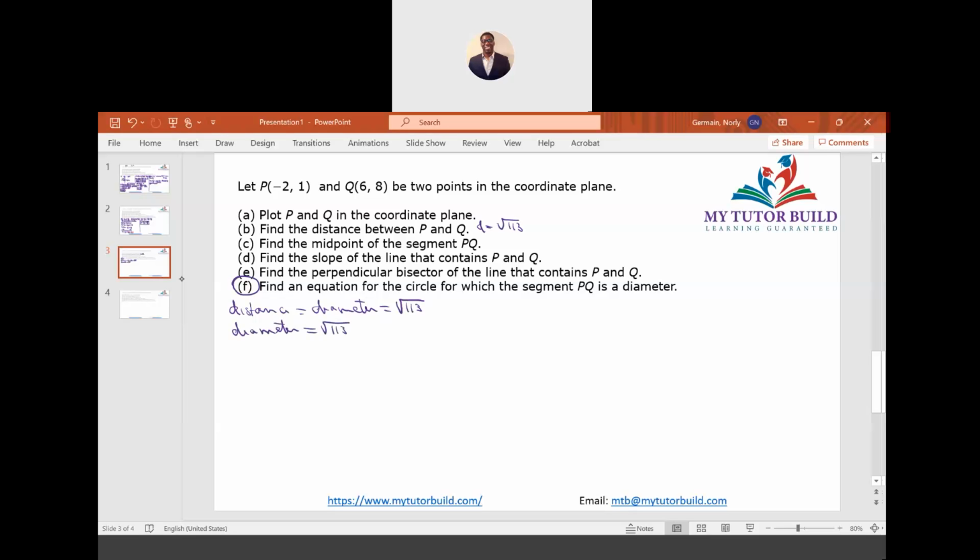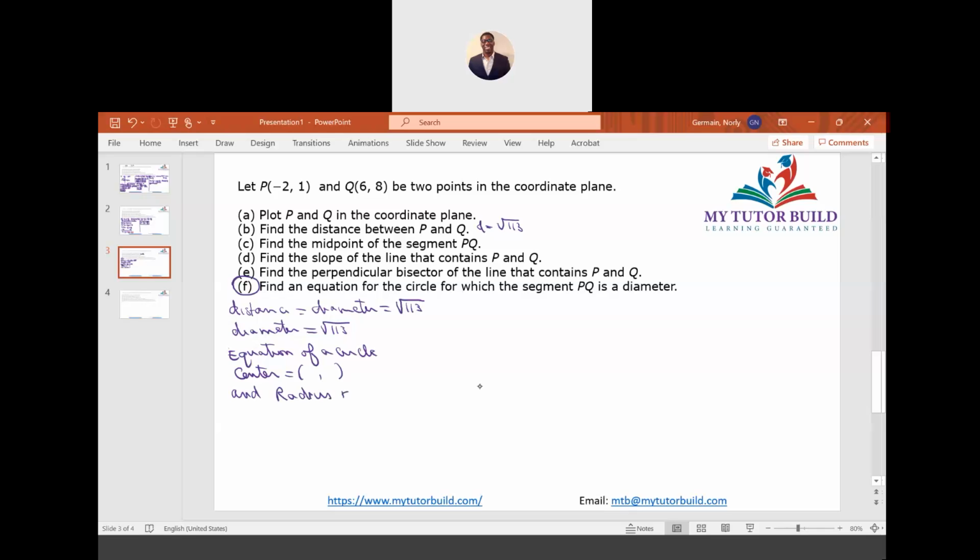Okay. Equation of a circle, do you remember the formula for the equation of a circle? To find the equation of a circle, you need to know the center, that has 2 coordinates, and you need to know the radius r.